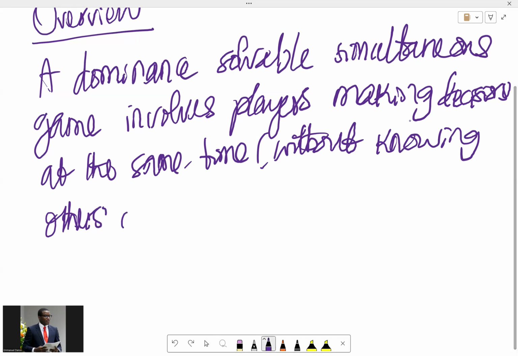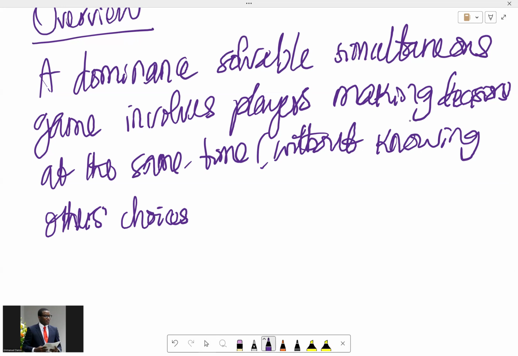In the case of sequential, A plays and then B sees what A plays and B plays like that. But here they are playing at the same time, so they are eliminating their dominated strategies at the same time, without knowing others' choices. Of course, we may not be able to demonstrate that they are doing it at the same time, but we can show it in parts: A plays all his games, B plays all his games, and then we go on.